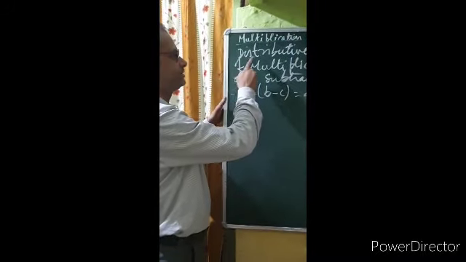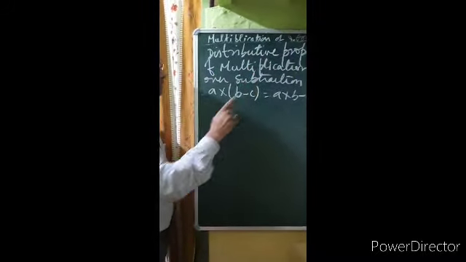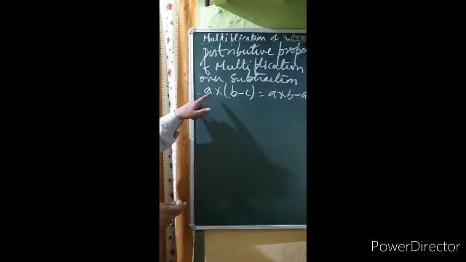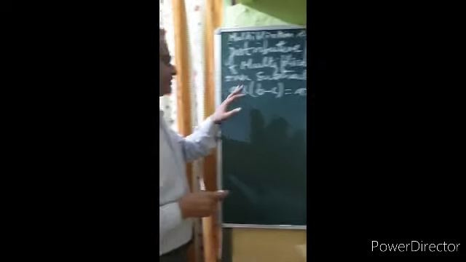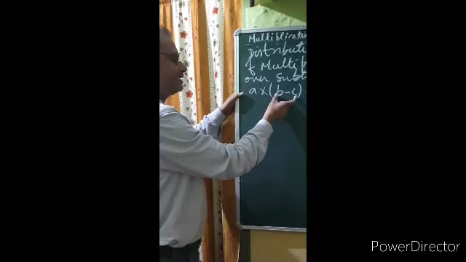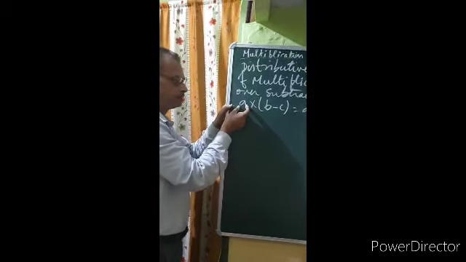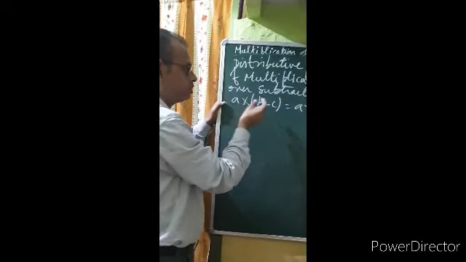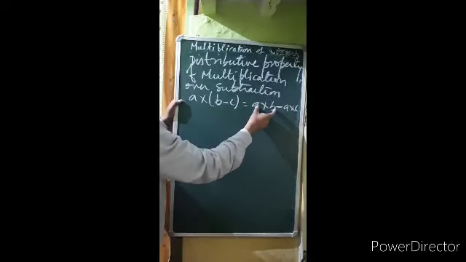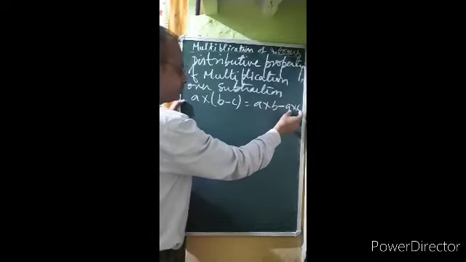Now, the distributive property of multiplication over subtraction. Here we have three integers, and the second and third are subtracted. Their answer is multiplied with the first one, which is equal to the multiplication of the first and second minus the multiplication of the first and third.